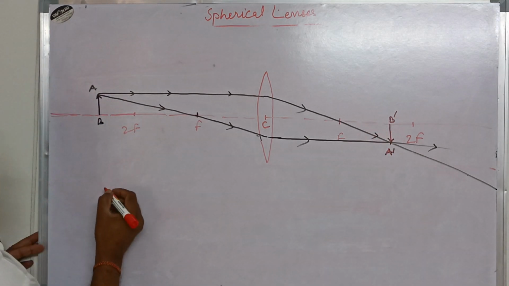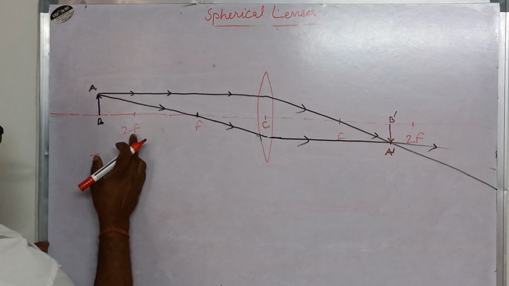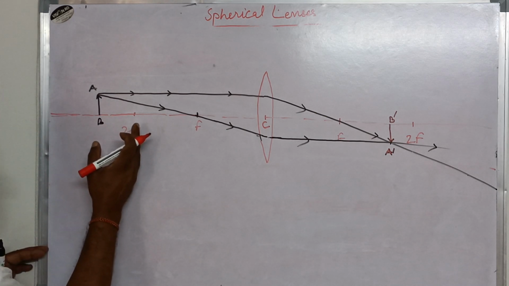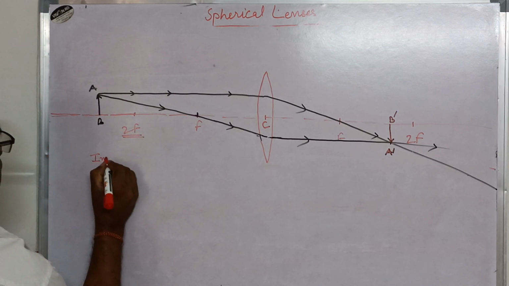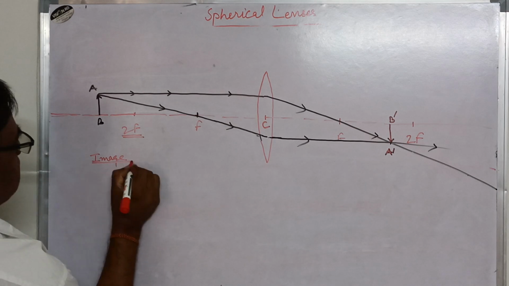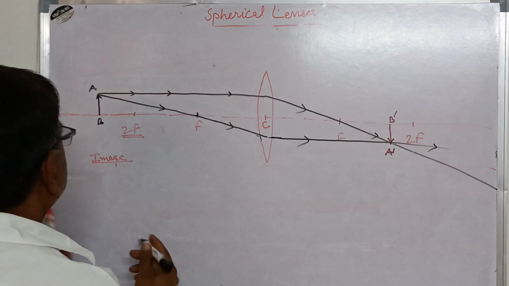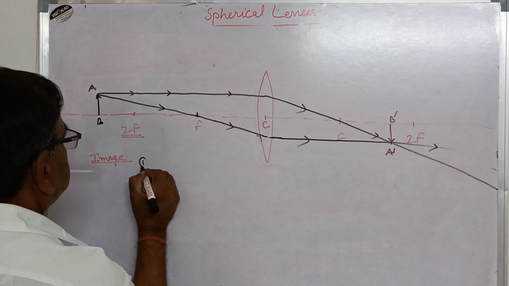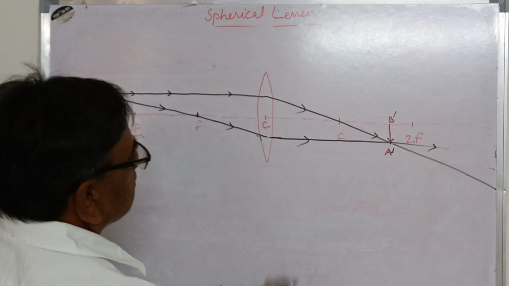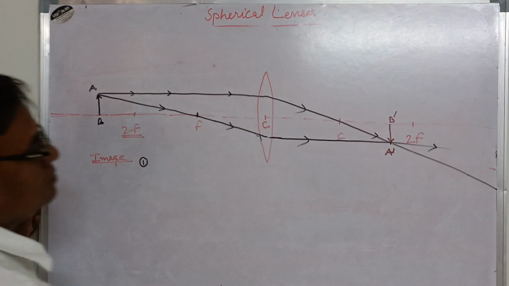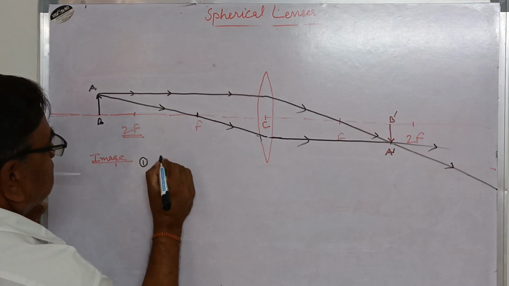So let us describe the image. This is the case when the object is put beyond 2F. The image description, the quality of the image. Number 1: we see the rays are actually meeting here, so it is a real image.